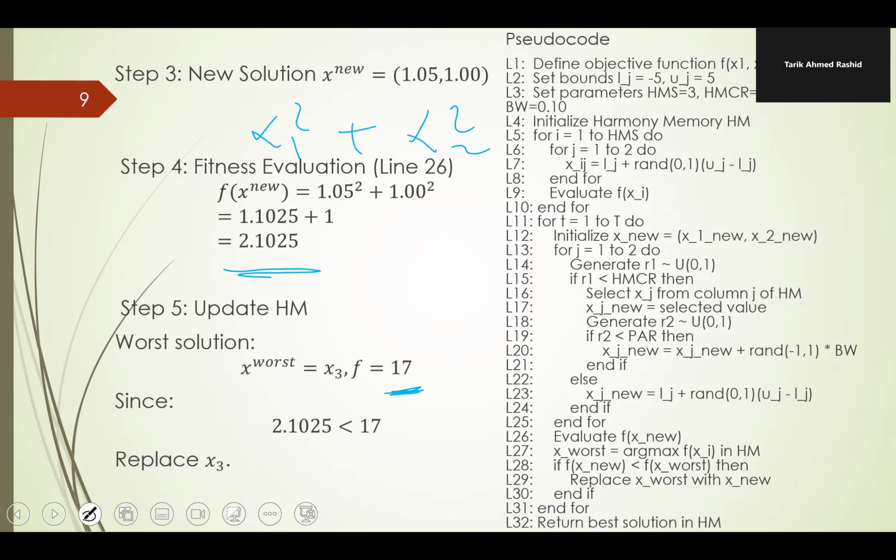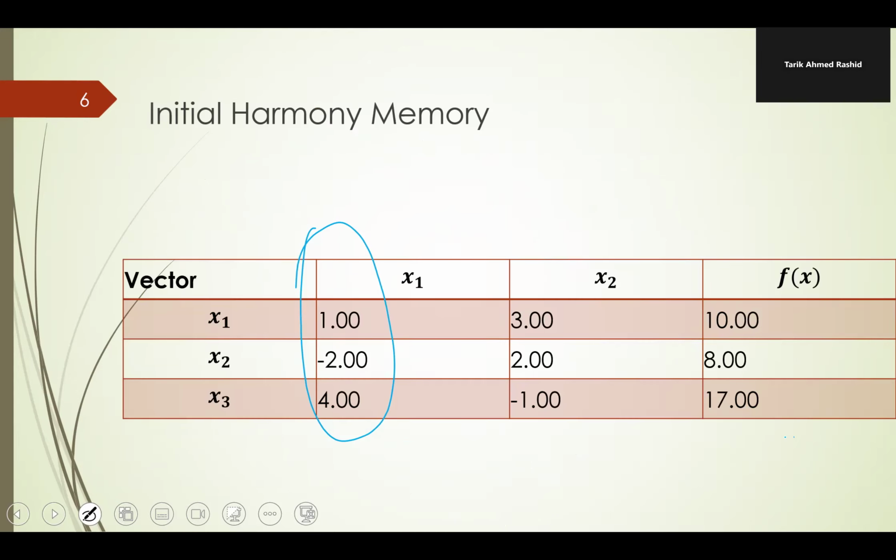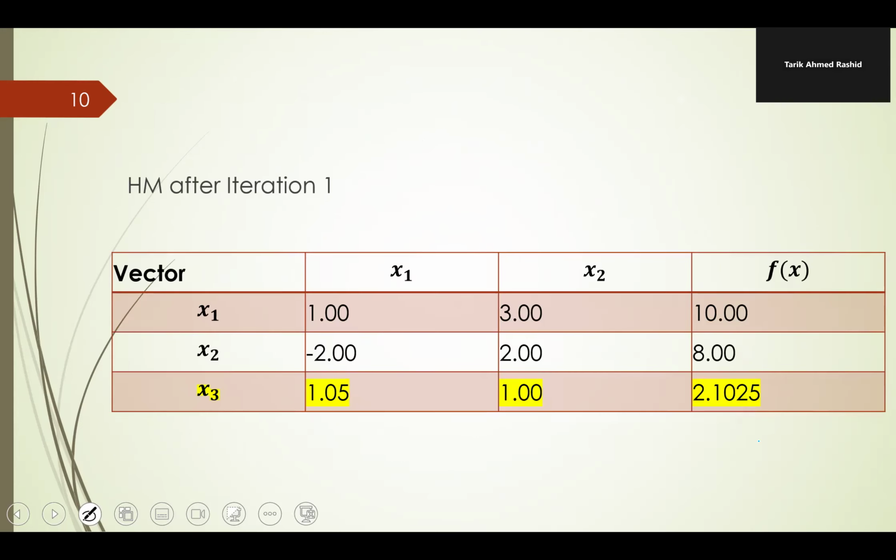In the initial iteration, x3 was the worst solution that we have. Now we improved on it, so this one will be replaced.